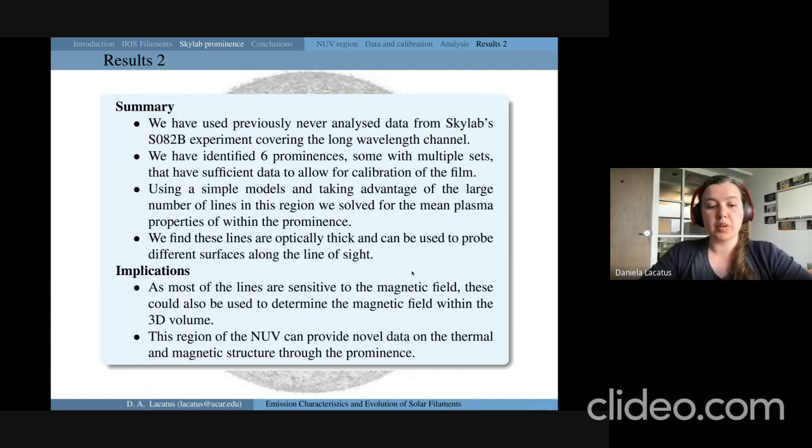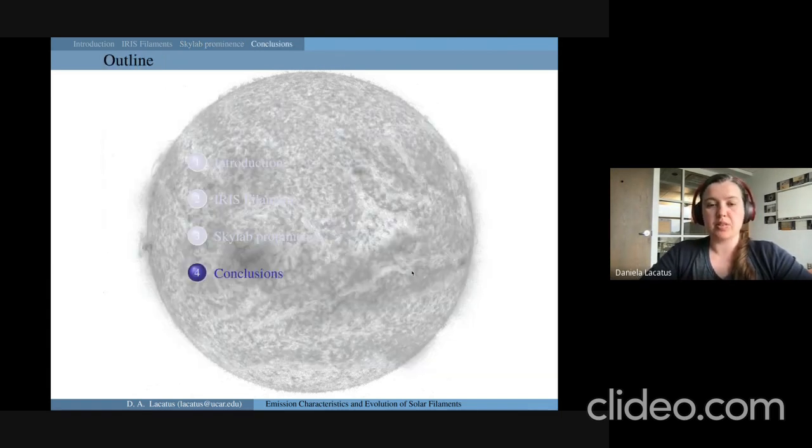And as I said, because we have a lot of iron lines that have ratios sensitive either to temperature or to density, we can more closely get the thermal properties of the plasma on top of the magnetic properties.